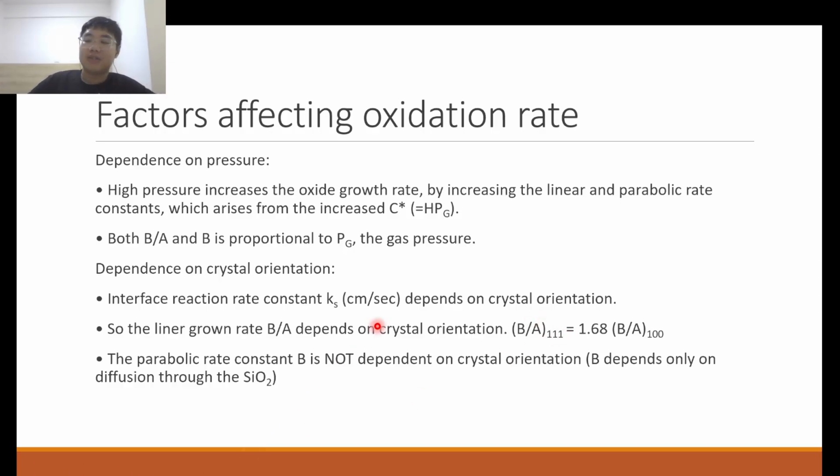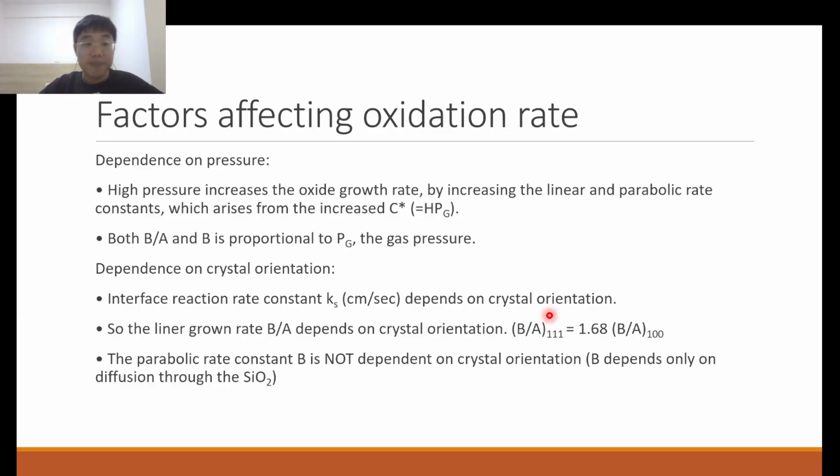The reason is very intuitive, because the 111 plane has a larger planar density of silicon atoms than the 100 plane. So when you have more atoms exposed in your 111 plane, the chemical reaction will occur at a faster rate, because you have more sites exposed to the reagent, which is oxygen or steam.